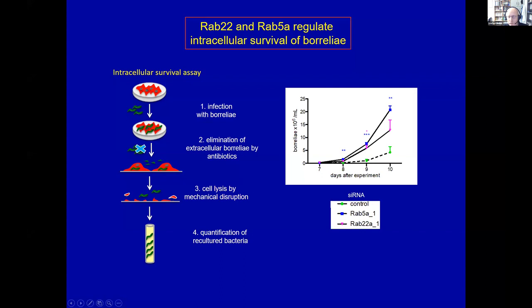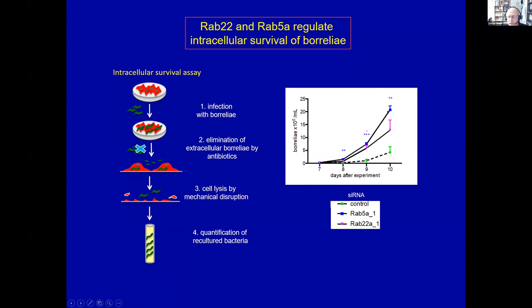And this is actually what happens when you do this experiment in a control cell. So this is actually fine-tuned to conditions where you actually are able to reculture at least some of those Borrelia. So you have really to fine-tune that, that you don't get a total loss of intracellular Borrelia. However, you have way more surviving Borrelia if you disrupt cells that have been depleted for RAP22A or RAP5A.